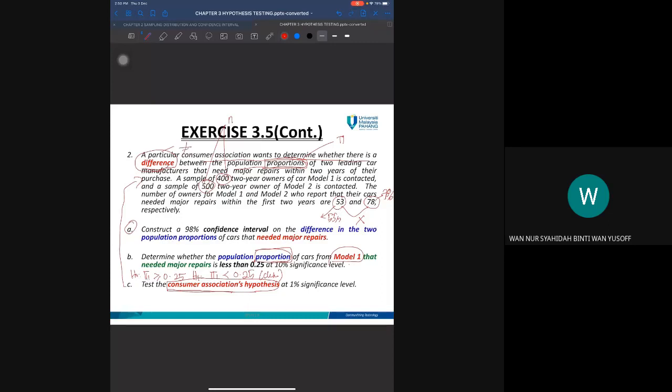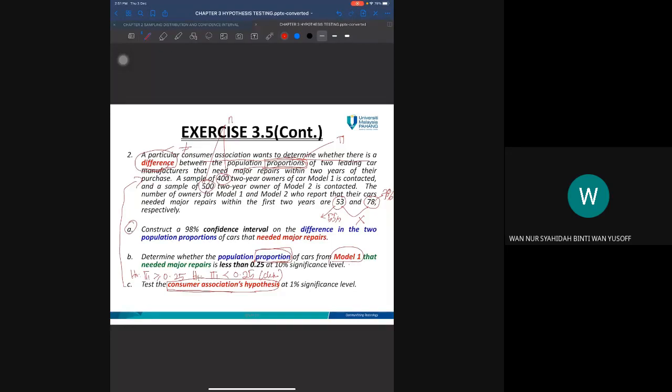And then we need to decide. We already know the parameter, which is pi, and we have the sign, and then we need to decide which one is the first population. Which one is the first population? Both need repair, right?